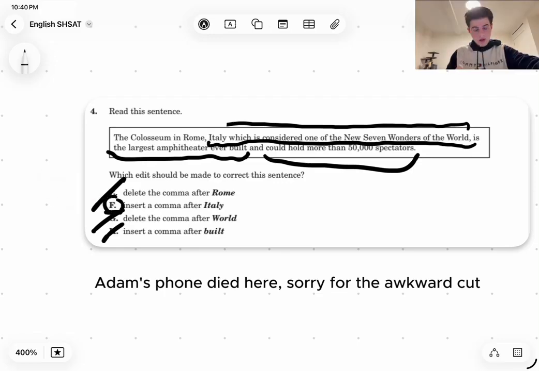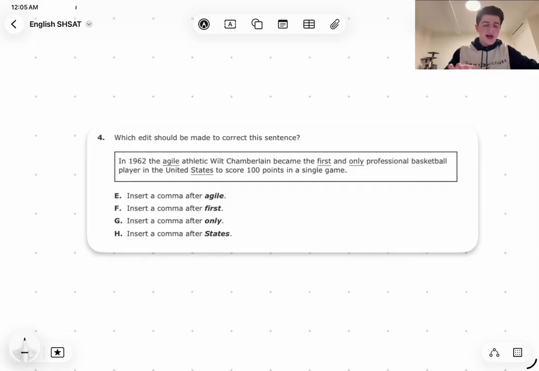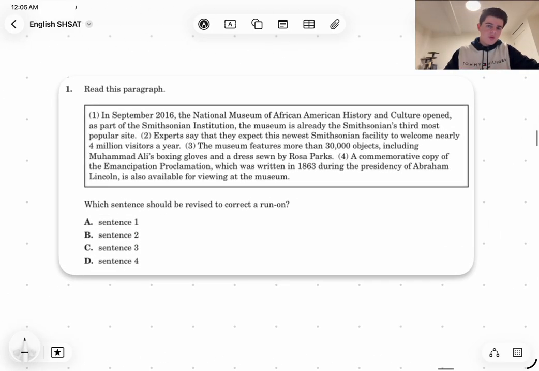Okay, and let's keep going to the last question. So let's just read it. In September 2016, the National Museum of African American History and Culture opened as part of the Smithsonian Institution. The museum is already the Smithsonian's third most popular site. Experts say that they expect this newest Smithsonian facility to welcome nearly 4 million visitors a year.